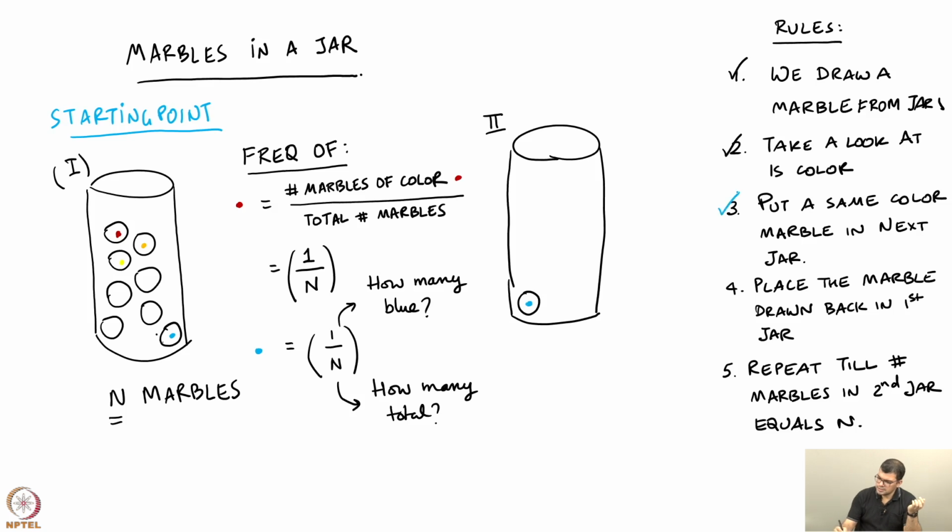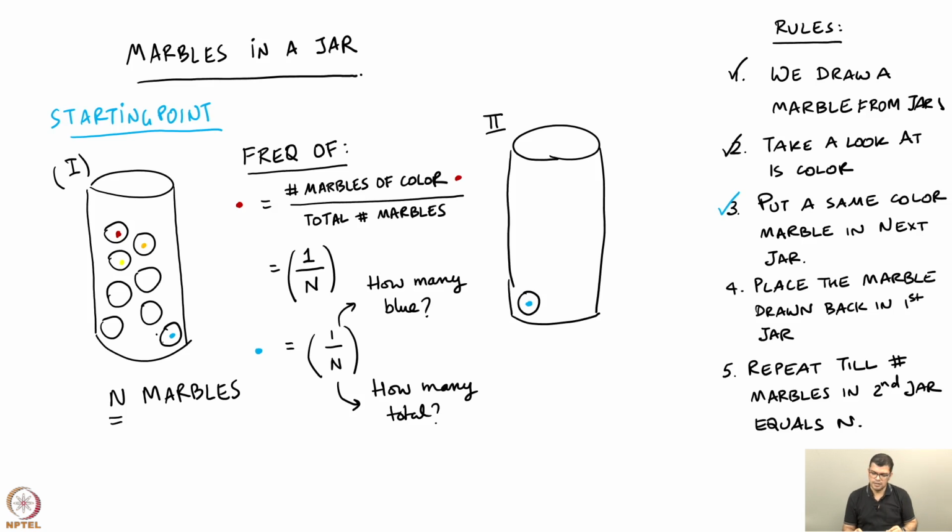Fourth says place the marble drawn back in the first jar. So, when we were drawing from the first jar, we drew out a blue marble, we noted its color, we kept an identical blue marble in the second jar, and this one that we had drawn, we put back in the first jar. So, the number of marbles available in the first jar is still equal to n and has not become n minus 1. When we drew the blue one, the number was temporarily n minus 1, but we looked at its color and placed it back.